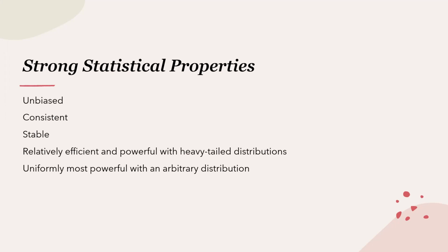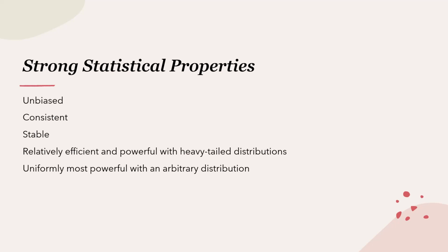It is the most powerful thing we can do. If you have heard that the one-sample t-test is the most powerful test of location, you would be right as long as you have a specific kind of population distribution, namely a normal distribution. But if you know nothing of the distribution, the shape of the distribution can be considered arbitrary, then the sign test is going to be the most powerful test you can use.